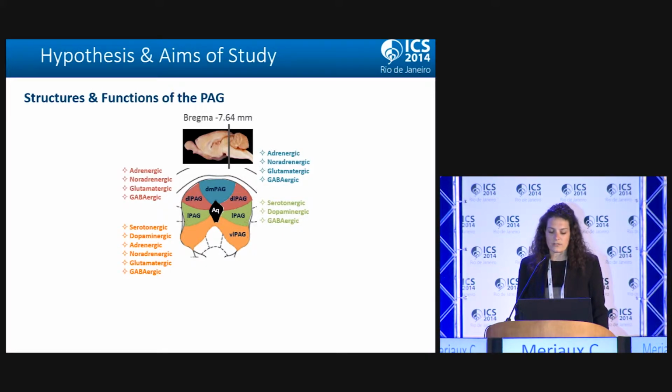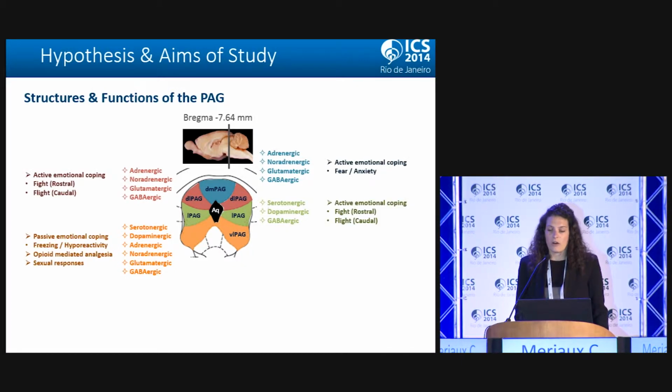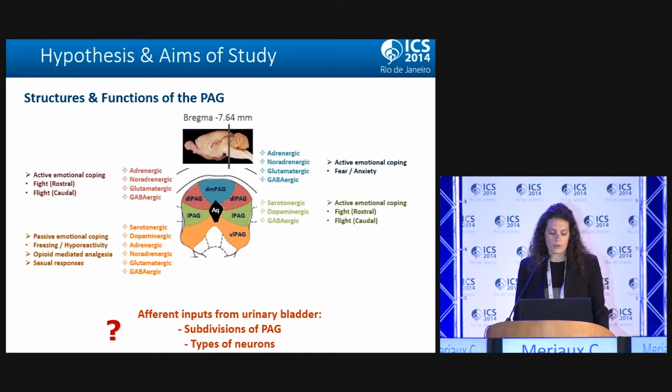And these subdivisions have been established according to the type of neurons that are present in them, and all these subdivisions have their own functions. So our question was which subdivision of the PAG and which type of neuron are involved in the processing of the afferent information from the bladder.